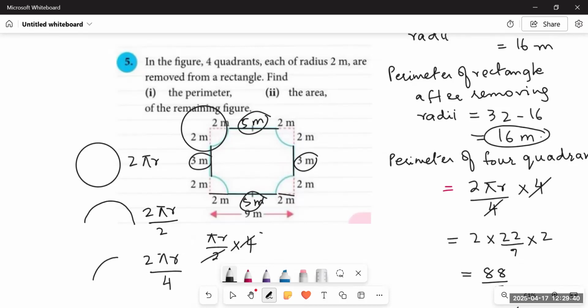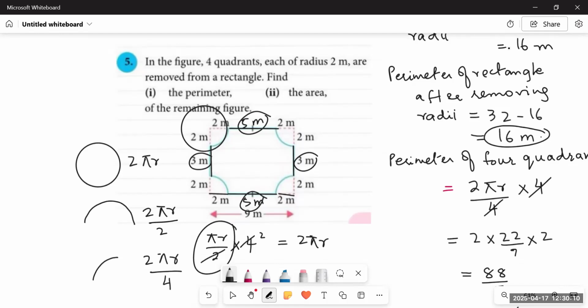So it would ultimately be 2 pi r, that is the circumference of a whole circle. So either you find the circumference of one quadrant, pi r upon 2, that is 22 upon 7 multiplied by 2 divided by 2. The 2 and 2 cancel each other, and we are left with 22 upon 7, which is 3.14. So the circumference of each quadrant is 3.14.